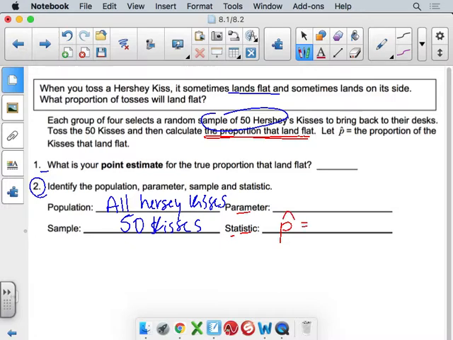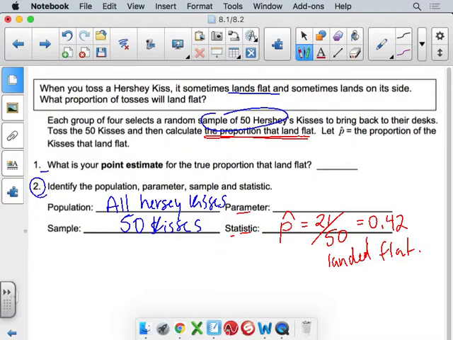Let's say I rolled 50 Hershey Kisses onto a table, and 21 out of 50, or 42%, landed flat. All right, that's our statistic.